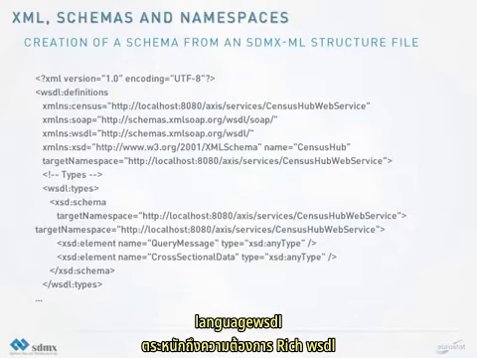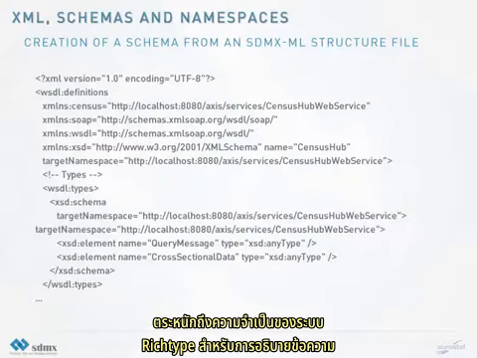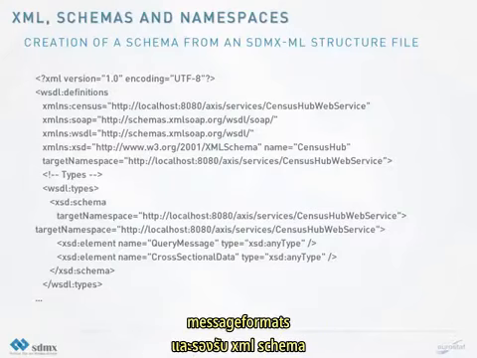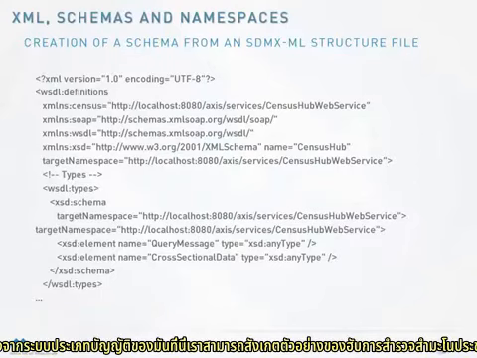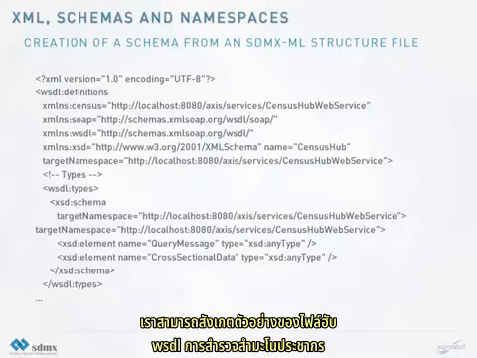WSDL recognizes the need for rich type systems for describing message formats and supports the XML schemas specification as its canonical type system. Here we can observe an example of Census Hub WSDL file.